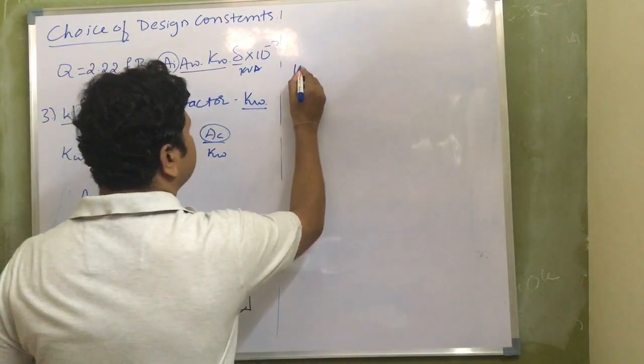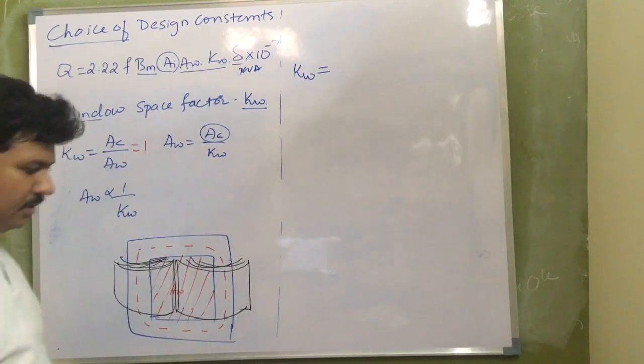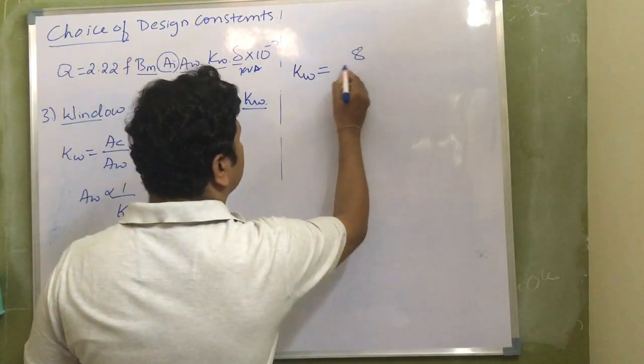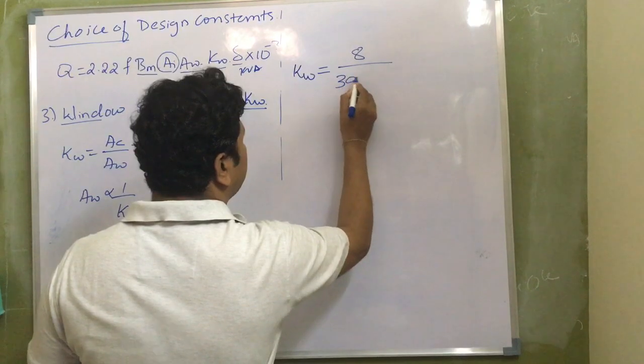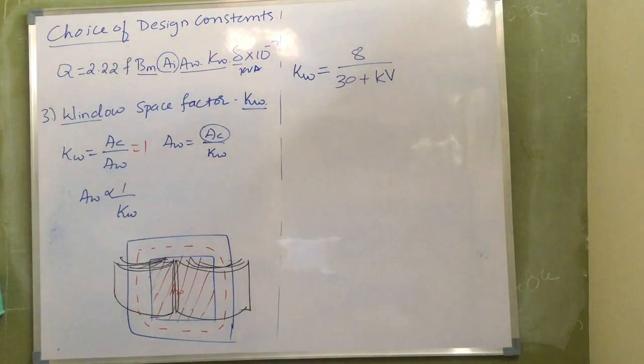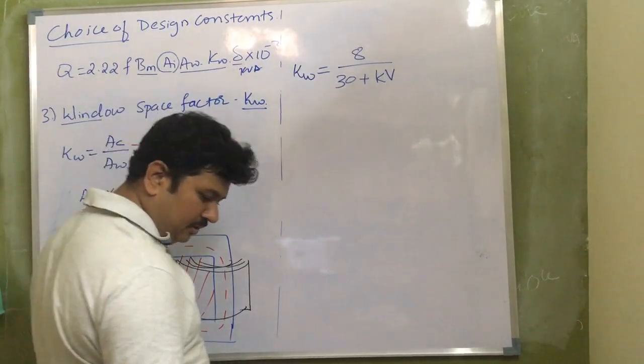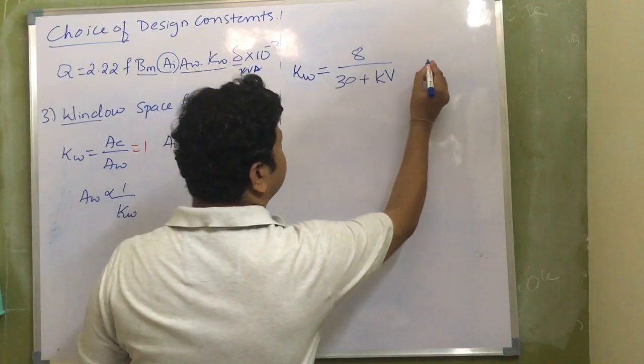Now kW is equal to 8 divided by 30 plus kV, where kV is the voltage in kilovolts. This is for transformers below 50 kVA.